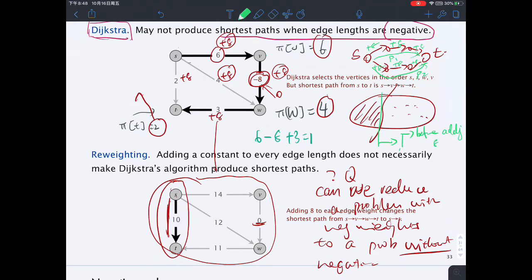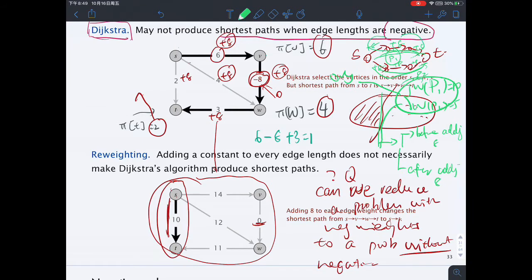So in this case, before adding 8 and after adding 8, the lengths of these two paths in terms of their order would be the same, right? So for example, originally the weight of P1 probably is 10 and the weight of P2 is 5.